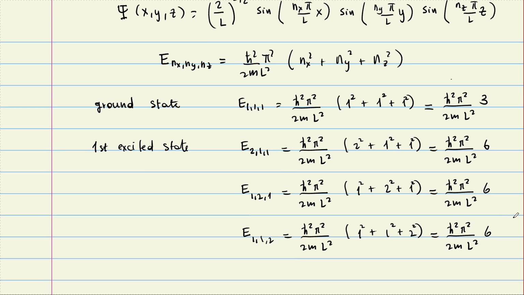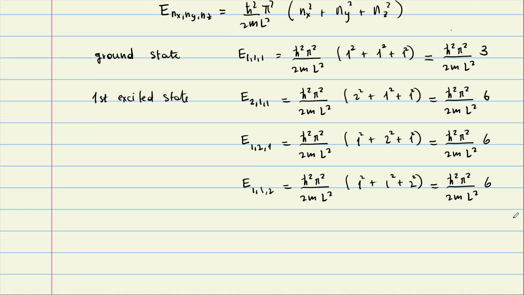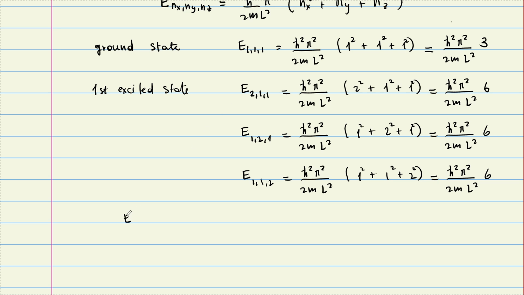So what we have here is something we didn't have in the 1D case. In the 1D case, all the energies we found were non-degenerate. Now we are introducing a new terminology. E211 is equal to E121 is equal to E112.